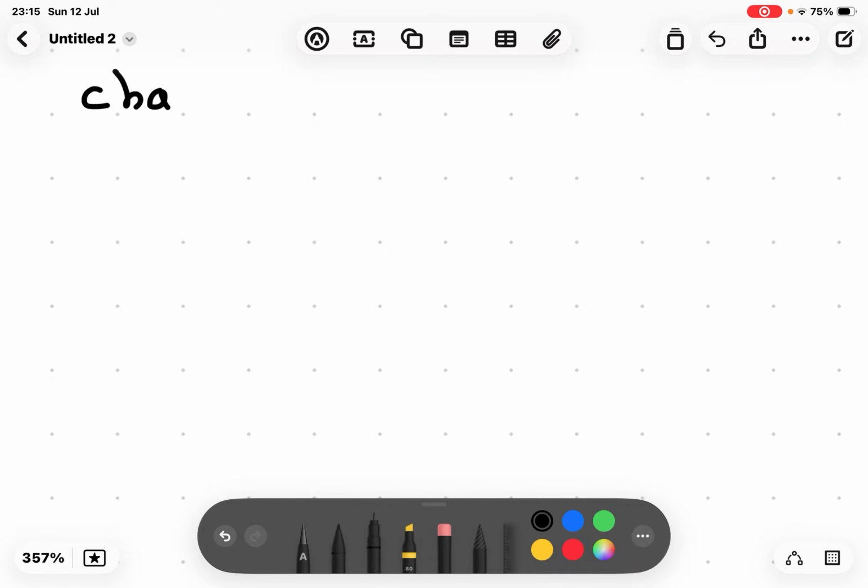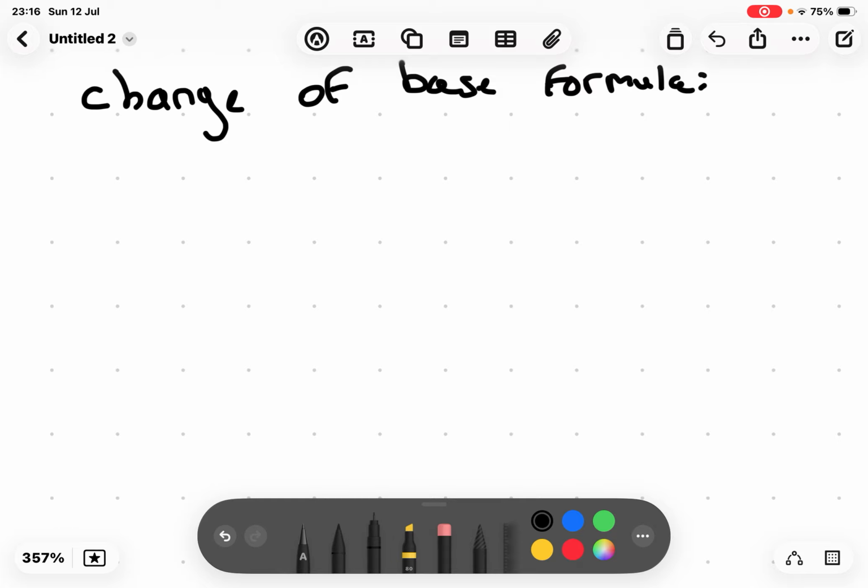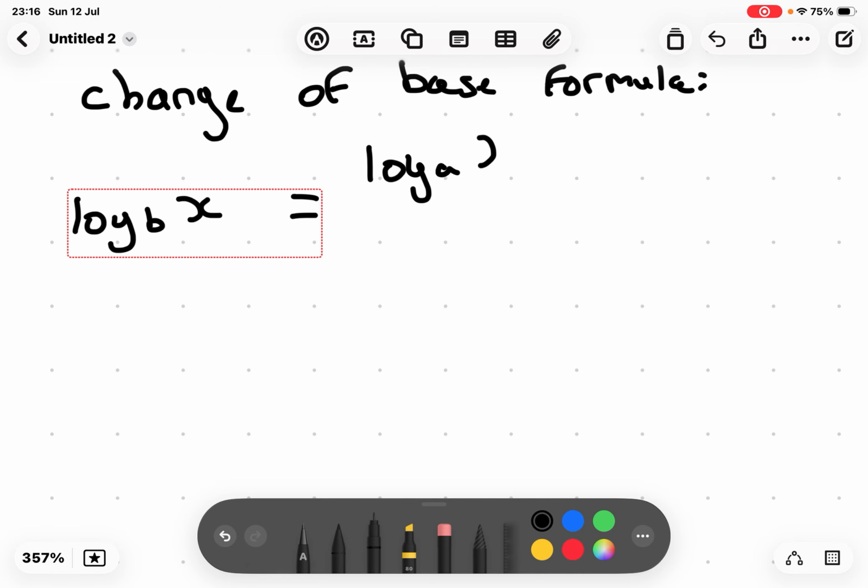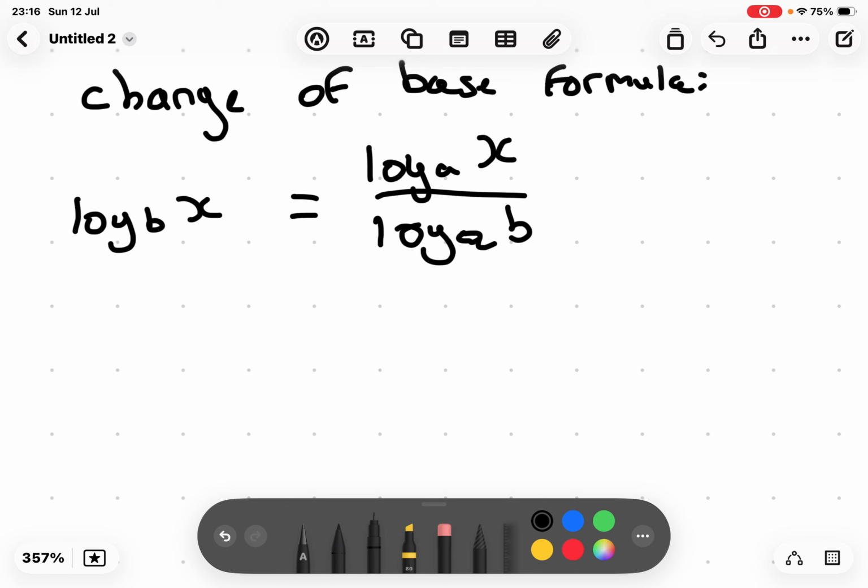Now let's talk about the change of base formula. So let's say we have log base b of x. We're able to make it into log a of x over log a of b.